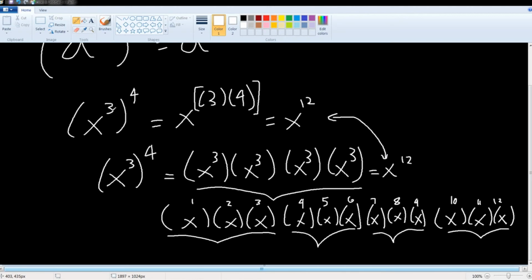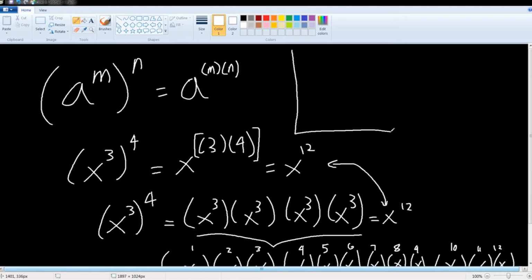So we could do one more example. So let's do another example up here, top right. Let's just say we have x squared to the fifth. That'll be the same thing as saying x to the 2 times 5, which would just be x to the 10. So let's do some exponents with a fraction.